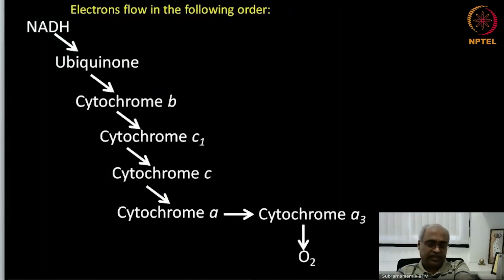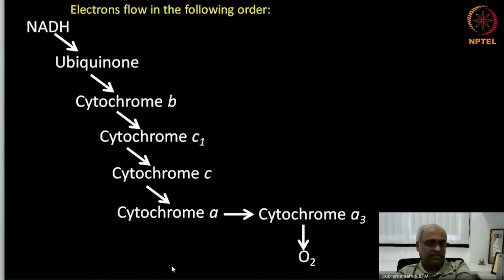Now, by looking at the relative reduction potentials of these complexes, and also by looking at it in an experimental way, for example, you allow them to be reduced, but you do not supply oxygen. Then when you suddenly allow oxygen, which ones get oxidized first? And what is the order of oxidation of these?